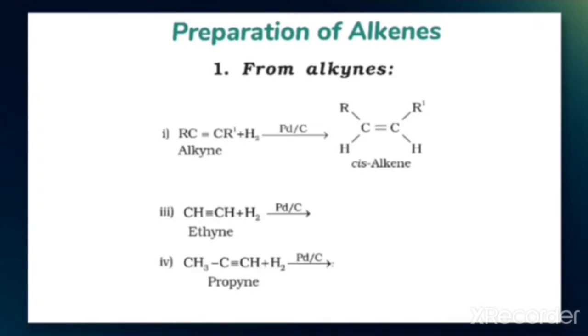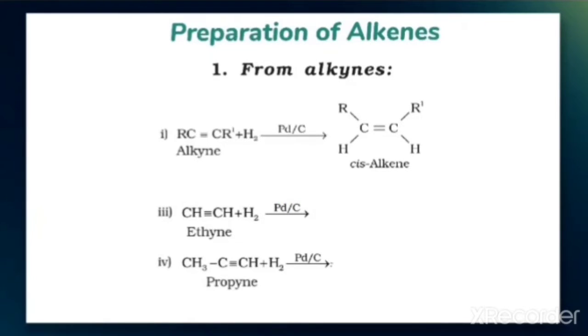So let us take some more examples. Here you can see the presence of Pd with C. It is taking place in the presence of palladized charcoal, which is why Pd/C is written on the arrow mark.